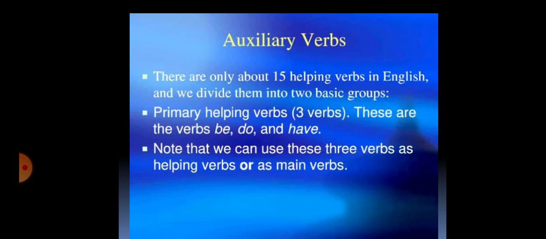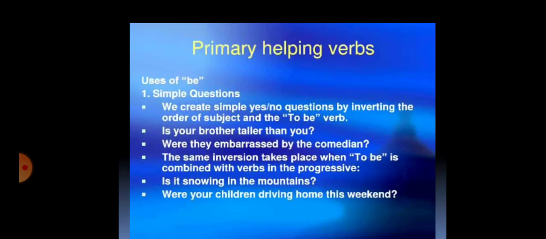There are three forms of these primary auxiliaries: be, do and have. And we can use these three verbs as helping verbs or as main verbs also.